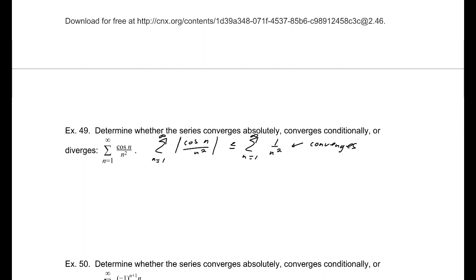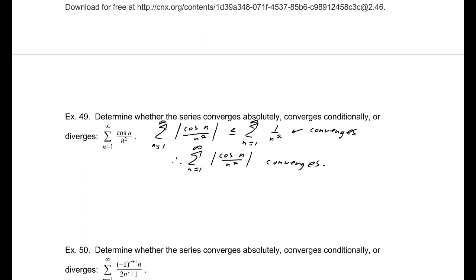Okay, so the sum from 1 to infinity of the absolute value of cosine n over n squared converges. All right, so by definition then, this converges absolutely.